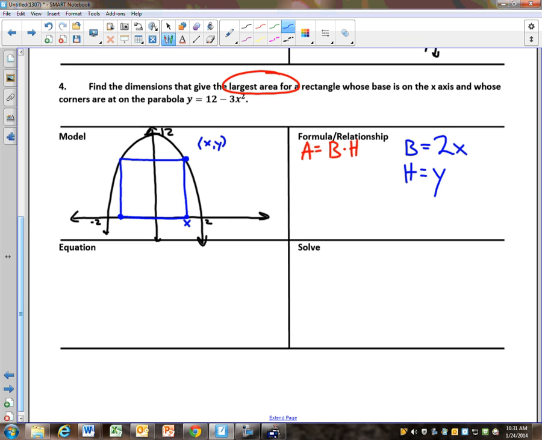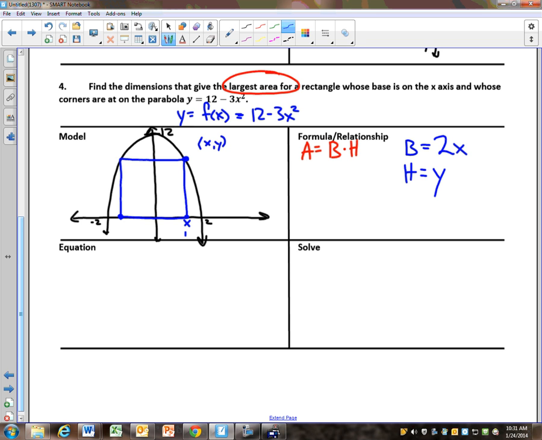Except now we have two variables, x and y. We only want one. Could you express y in terms of x? Very good. y is equal to f of x, or what is the function? 12 minus 3x squared. Let's say that x was 1.